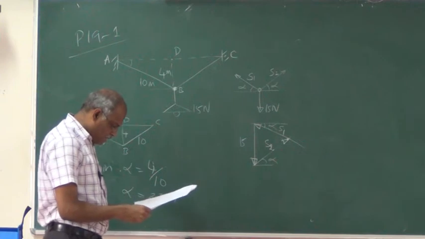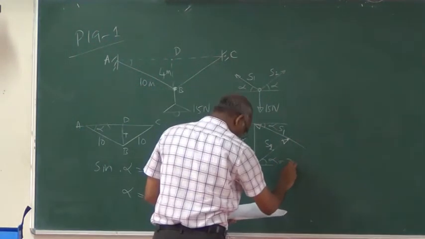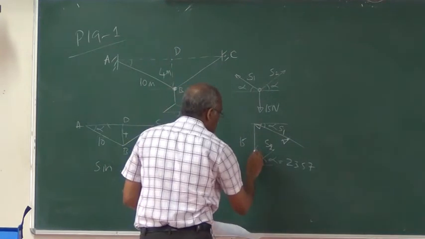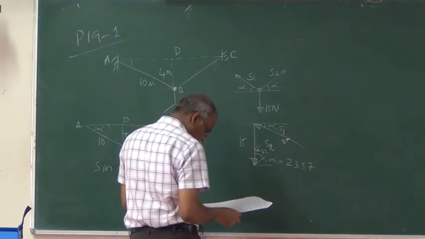So you can find out this alpha is going to be 23.57. This angle is going to be 66.43.